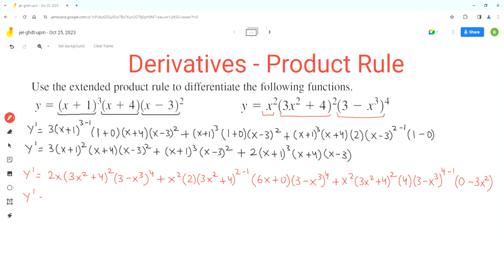So y prime equals, the first part will stay the same, there is nothing we can simplify. So (3x squared plus 4) squared and then (3 minus x cubed) exponent 4. Now in the second part, we can simplify 2 times x squared, so we can move this 2 to the front.